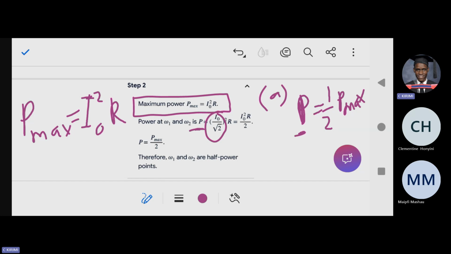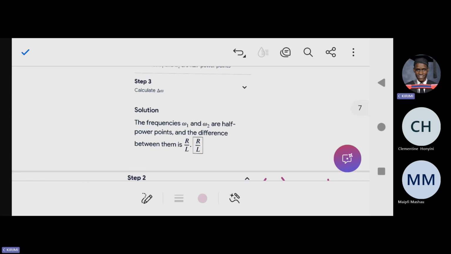So first you write that formula. Where there is I naught, you are replacing with what? Where there is I, you are replacing with I naught over root of 2. So is that step clear where I naught over root of 2 is coming from? Or are you lost? So that we can do it step by step. Isn't it on our question here?